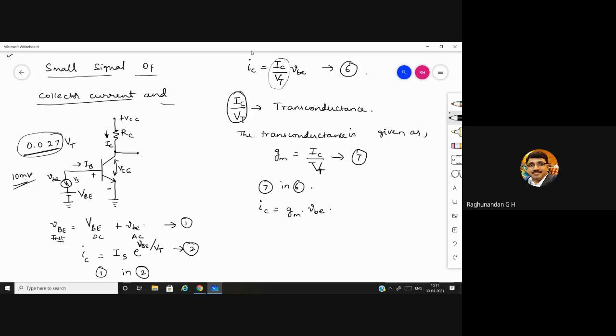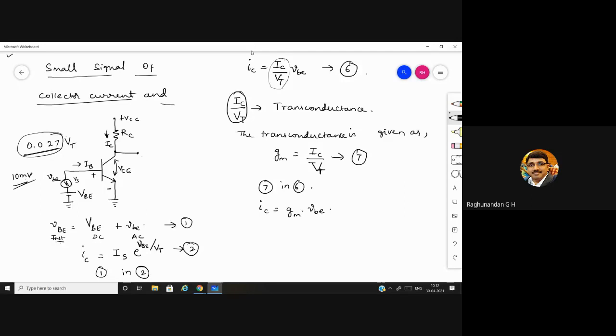So it is I by V, which is always a conductance. Since we are talking about a transistor, it's transconductance, and this is mainly the inherent characteristic of the transistor. Based on this transconductance, your output current is going to increase. Transconductance is directly dependent upon the collector current.